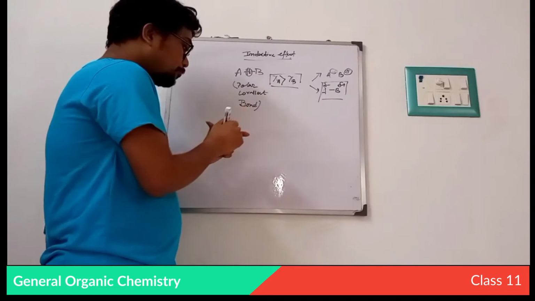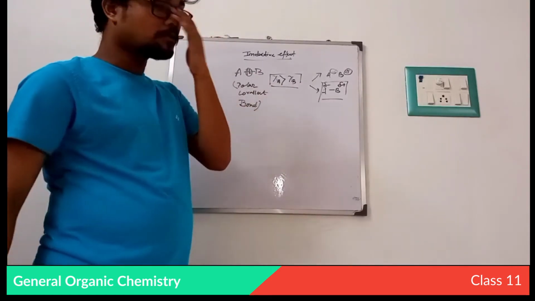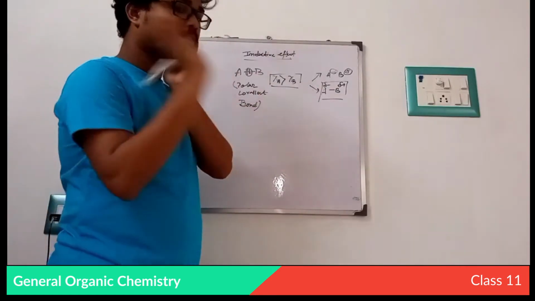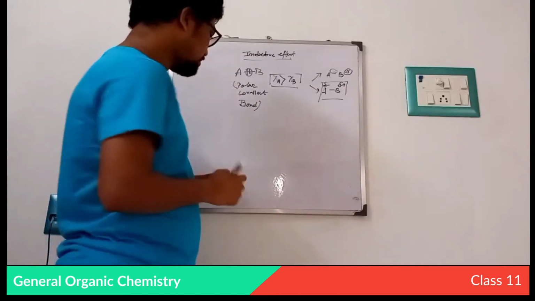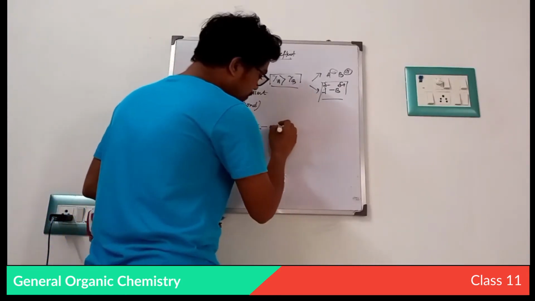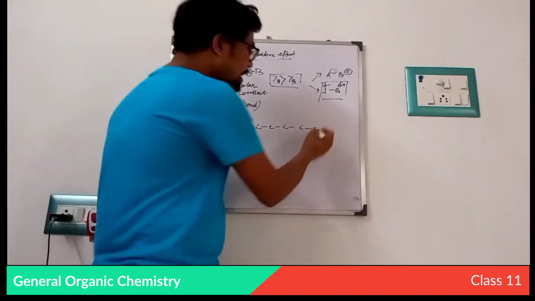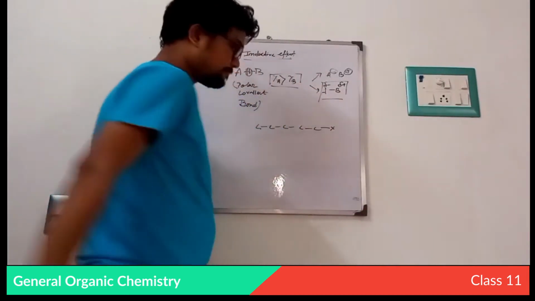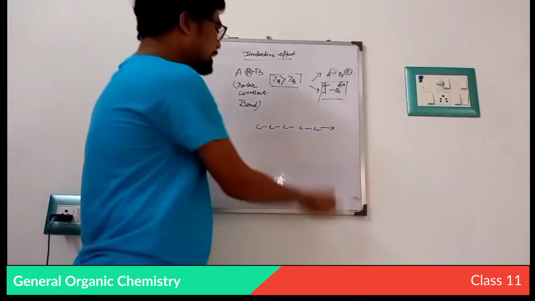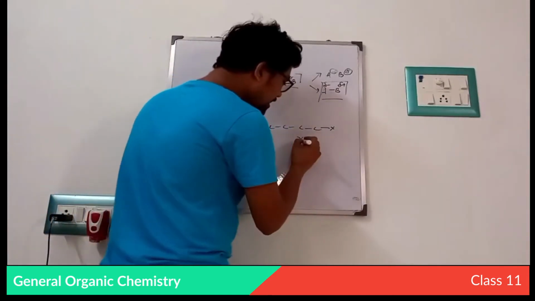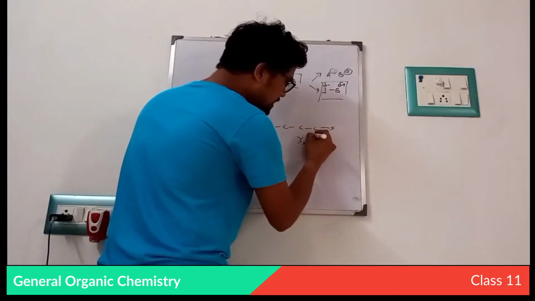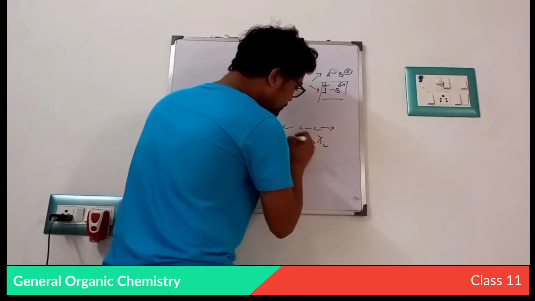Now, we know in case of organic chemistry, the compounds are made of carbon and hydrogen. Suppose I write this like this one. And here is an X. Now I am saying that the electronegativity of X is greater than the electronegativity of carbon.